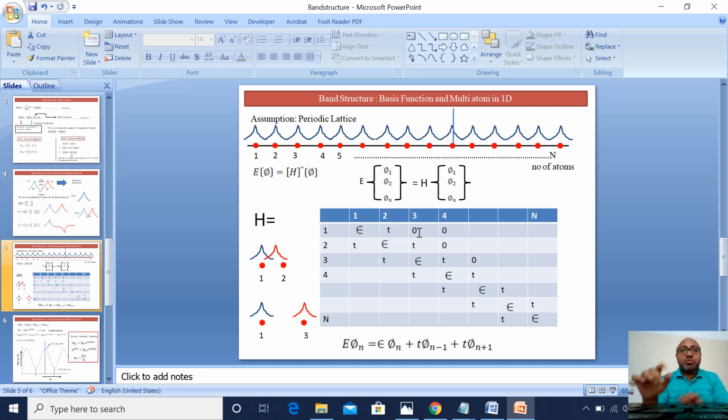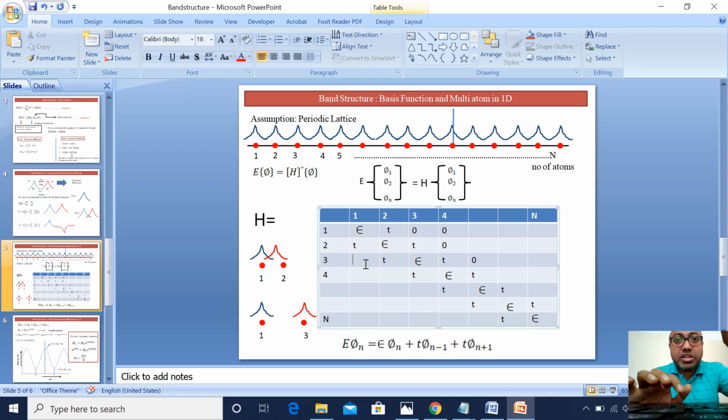Since they are not talking to each other, the contribution is really, really low. Okay, so we can write it nicely. You have all the components like that, and you can fill them with 0. All these things nicely. You understand? The moment you go far away, you will put another 0.